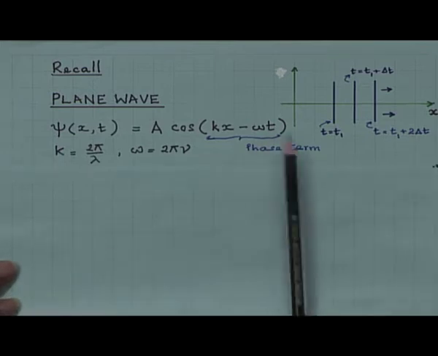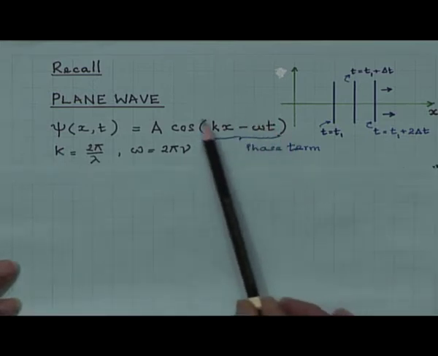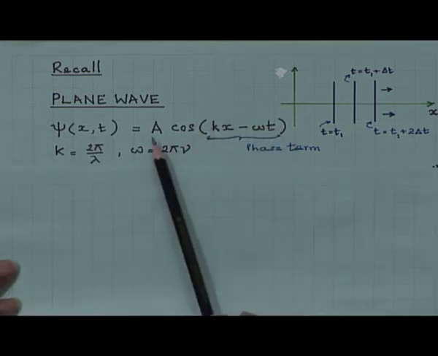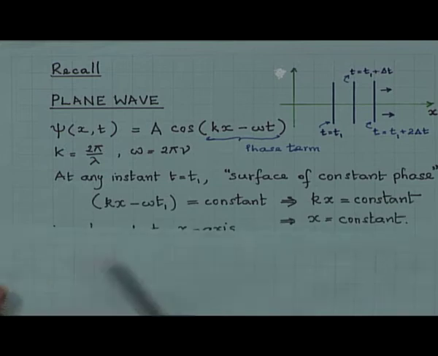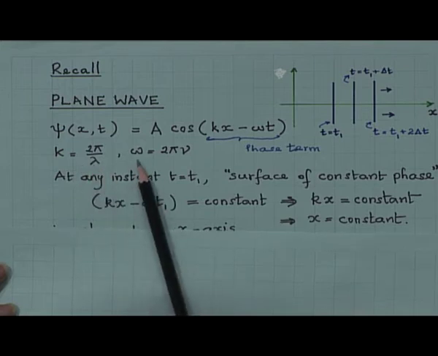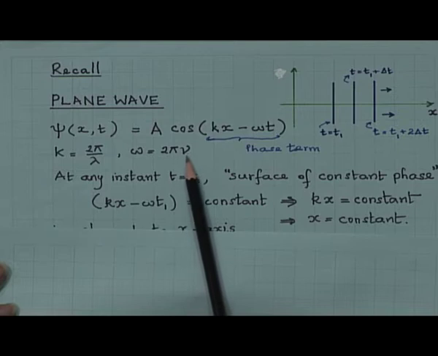This kx minus omega t is called the phase term, and A is the amplitude, where k is equal to 2 pi by lambda, lambda is the wavelength of the wave, and omega is the angular frequency, which is equal to 2 pi nu.